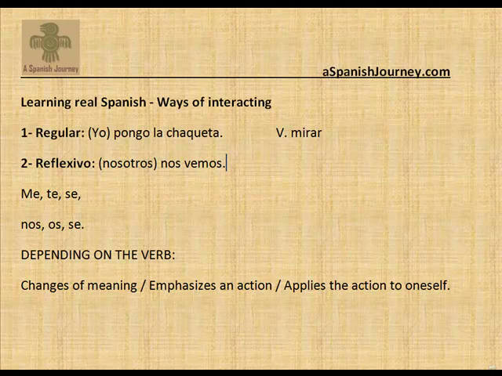So it is actually very common to apply the reflexive pronoun to plural conjugations, either we, you plural in Spain, or you plural and they. Okay, so you can say instead of nos vemos, they see each other, se ven, ellos se ven, or just se ven.